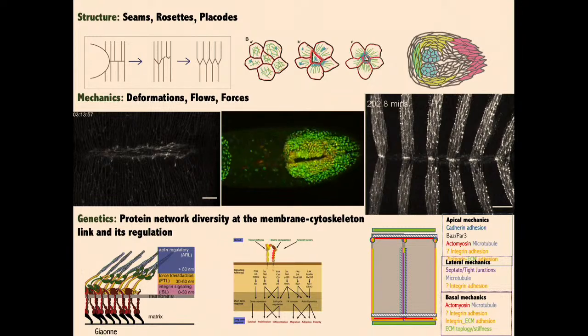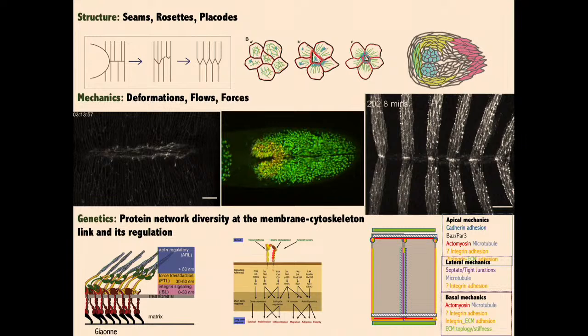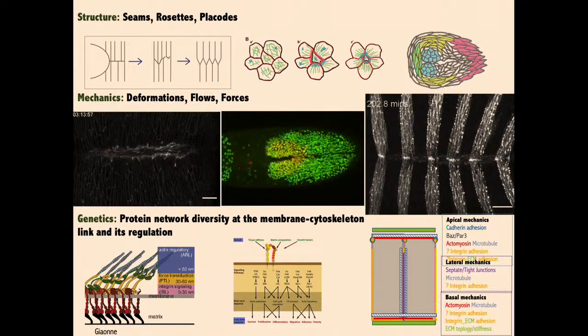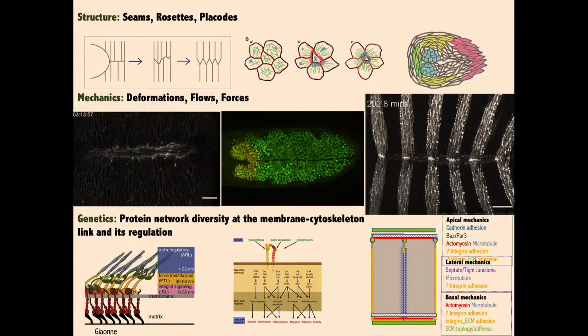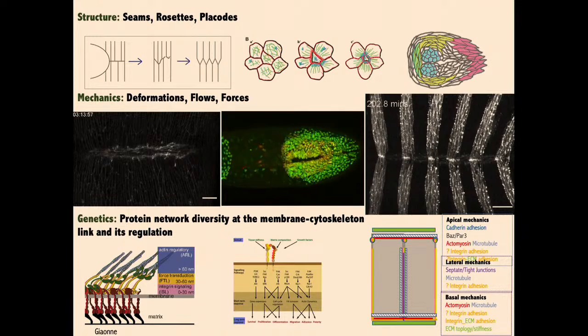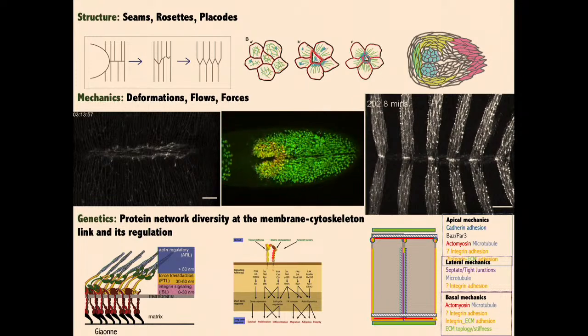So those are the structural patterns we're interested in, but as I said, we're also interested in mechanical properties, and in particular we're looking at deformations, flows, and here what you see is how a group of cells, the tail end of the embryo that I was talking about, makes its way back to where the real tail is. And we're interested in what forces contribute to these flows, right?